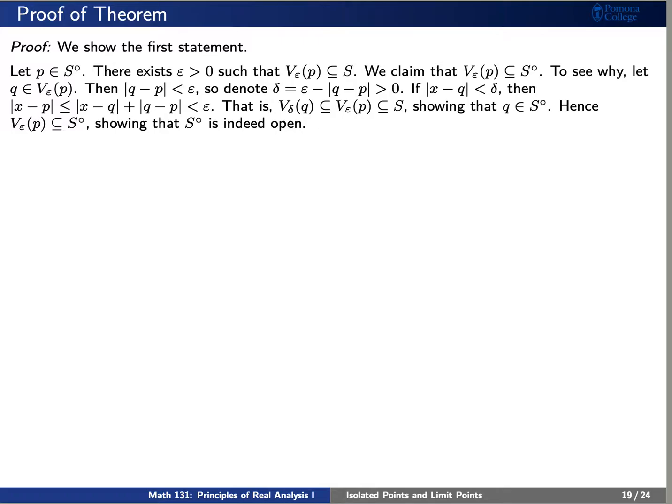Well, if we choose our delta small enough, then we see that V sub delta of Q is contained in V sub epsilon of P, which by definition is contained in S, hence showing that there does exist an open set around Q, showing that Q is in S circle. Hence, S circle is indeed open.